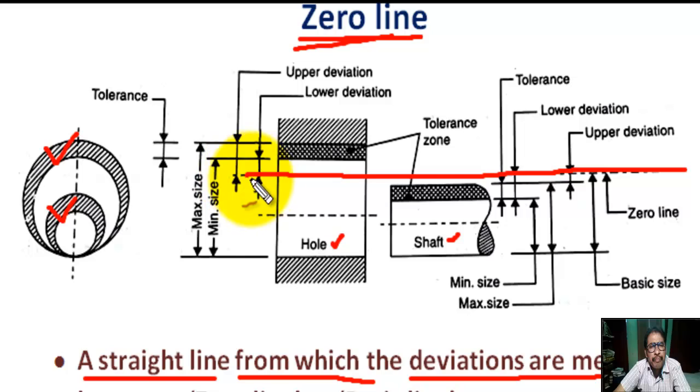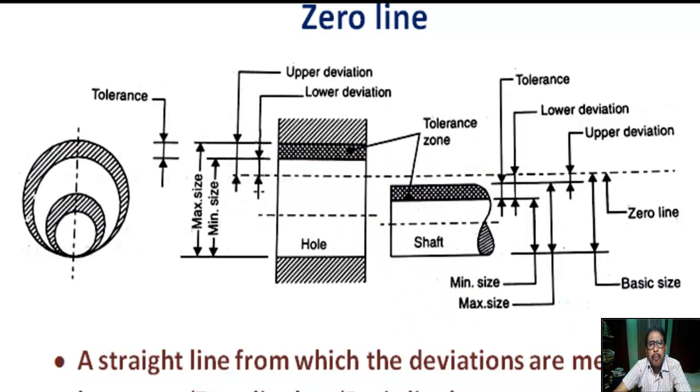Upper deviation is measured from basic size and maximum size. This is the upper deviation. Lower deviation is measured from this, the minimum size. This is the basic size. Okay.